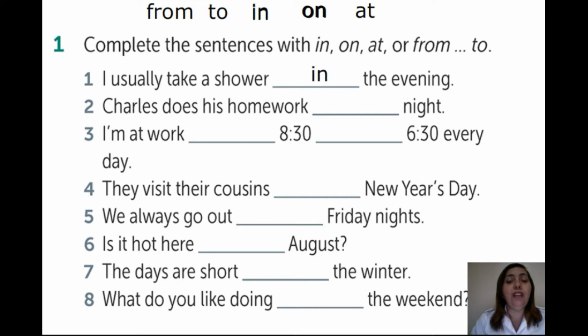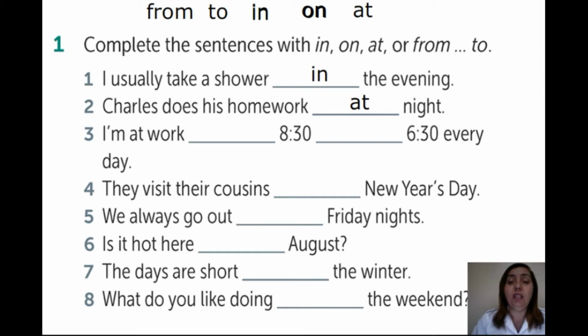Number 2, Charles does his homework. What's the best preposition to match here? The word night. The answer for number 2 is at night. It's an exception about the parts of the day, right? Number 3, what's the best preposition that we can complete this sentence?